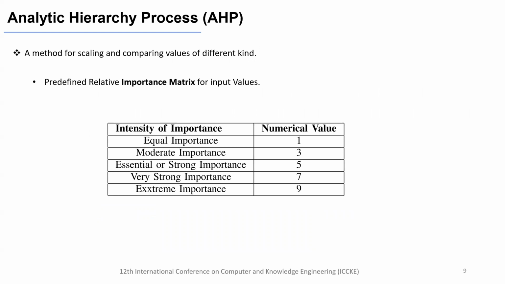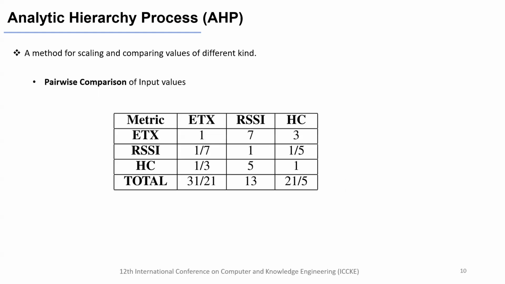AHP is a method for comparing variables that are of different kinds and have different relative importance towards each other. Here we can see a table assigning numeric values to each level of importance. For example, equal importance is 1 and extreme importance is 9. Next, we can see a table named pairwise comparison matrix that determines the relative importance of input variables with respect to each other.